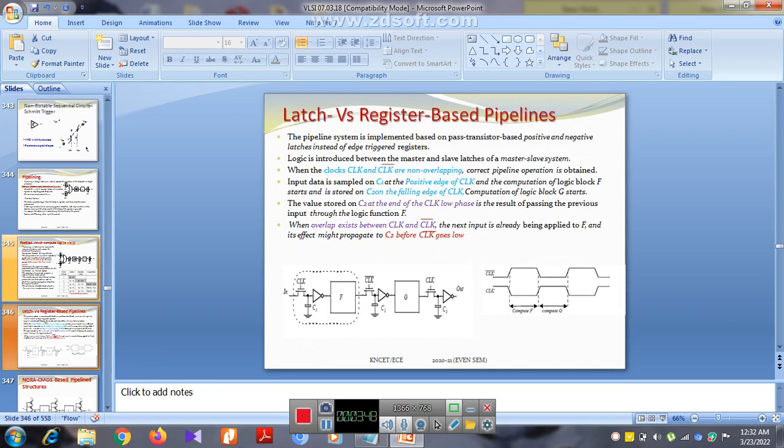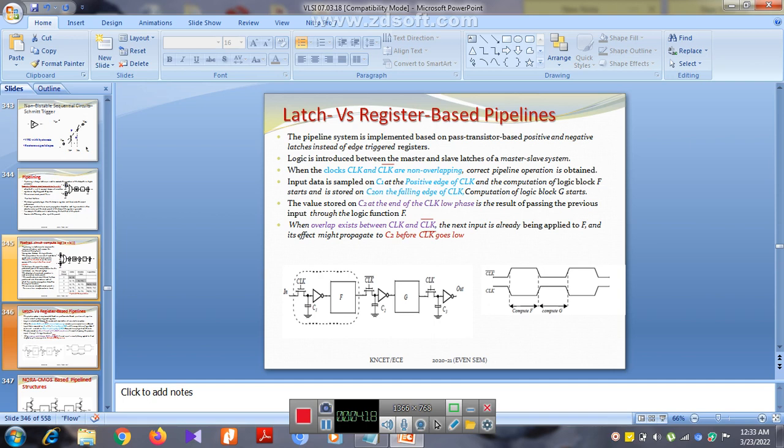The next slide is latch versus register based pipeline. The pipeline system is implemented based on pass transistors, using positive and negative latches instead of edge triggered registers. Previously, all the registers we used were edge triggered registers.